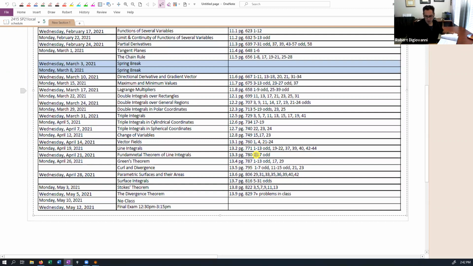You should be okay with 1 through 13. 19 through 22 is where what we're doing right now starts, so you might want to hold off on those. Just maybe get the first 13 done.